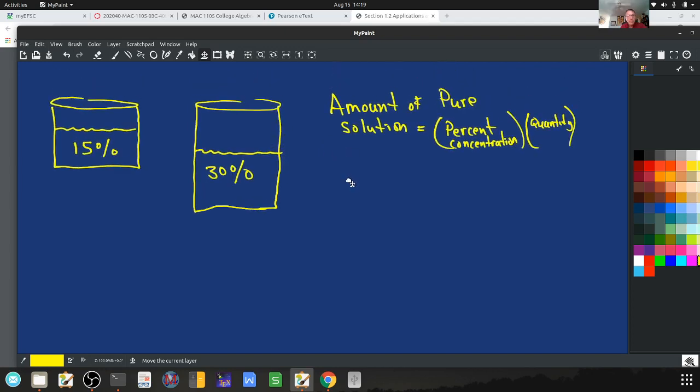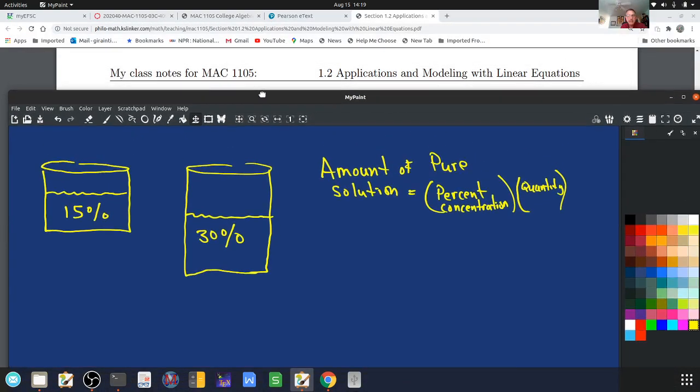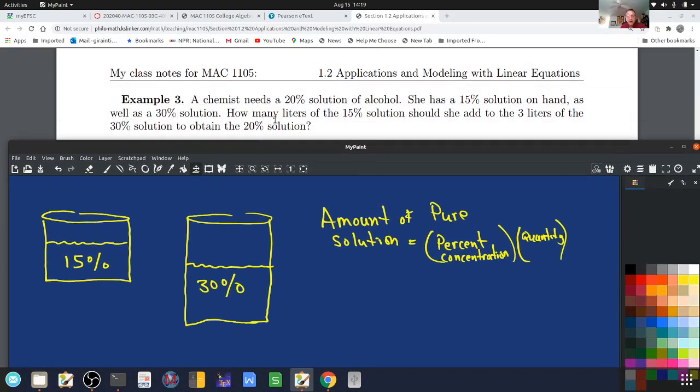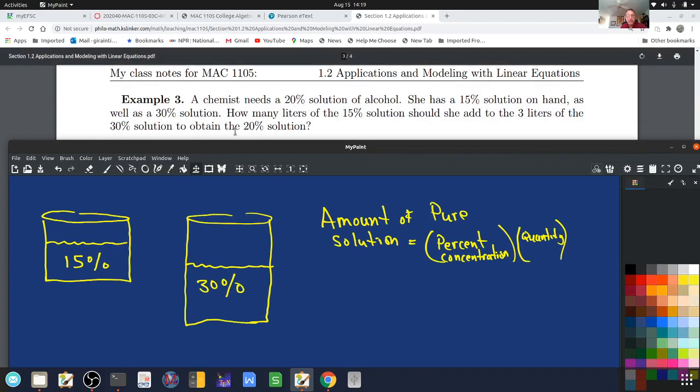So what is she going to do? Let's go back and reread. We had to identify our x. So how many liters of the 15% solution should be added to the 3 liters of the 30% solution to obtain the 20% solution?